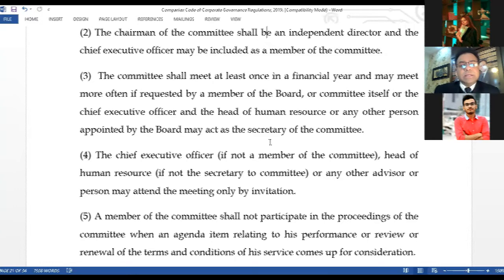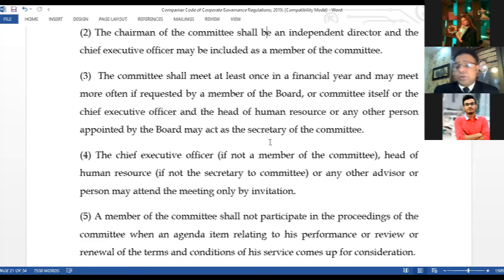This committee will also have the responsibility to review the performance of employees, and on the basis of that review their progression, renewal of their contract or enhancement of their remuneration. These will be the different areas which this committee will look into.